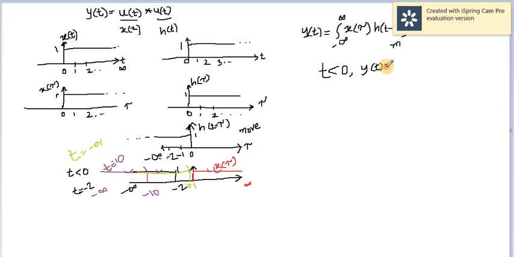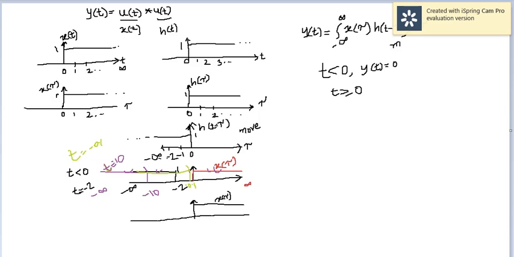Then let's see the case when t is greater than or equal to 0. Now let's consider the case wherein we superimpose our x of tau on h of t minus tau when t is greater than or equal to 0. Let's consider t as 0 right now.